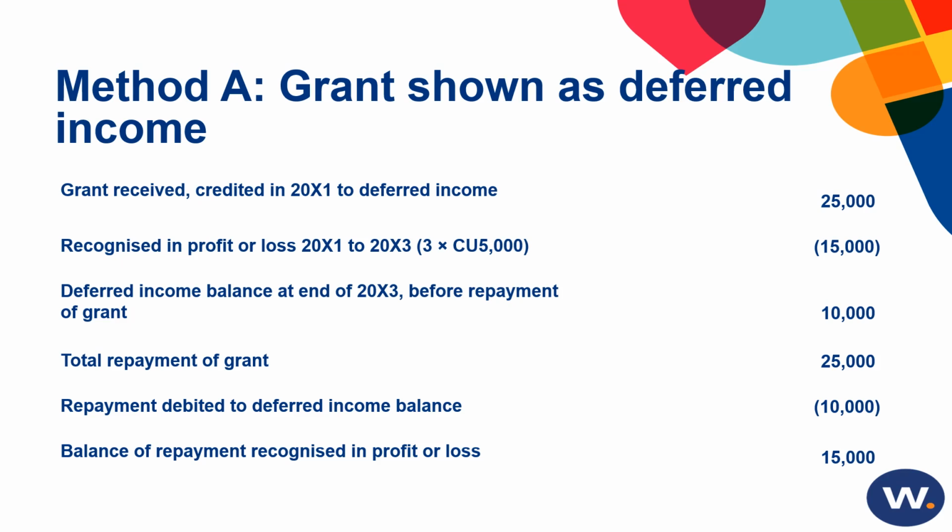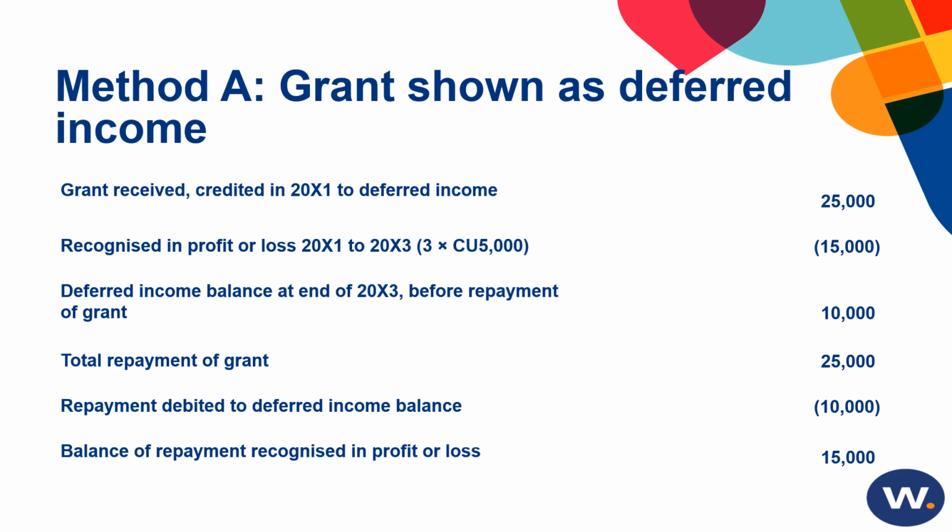However, assuming that nothing has changed, when we get to the end of 20x3 before the repayment, deferred income to the amount of 15,000 Rand has already been released to profit and loss. This means that the remaining balance in the deferred income account is 10,000 Rand. The repayment required, however, is of the full 25,000 Rand.